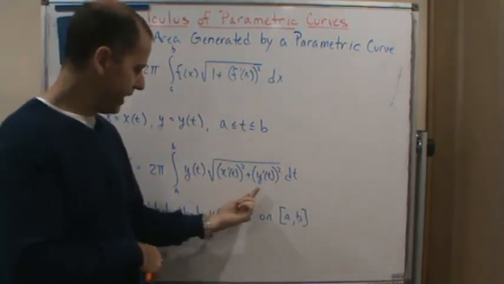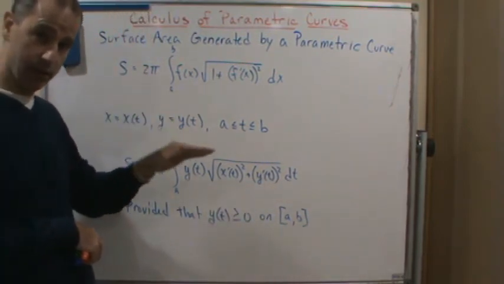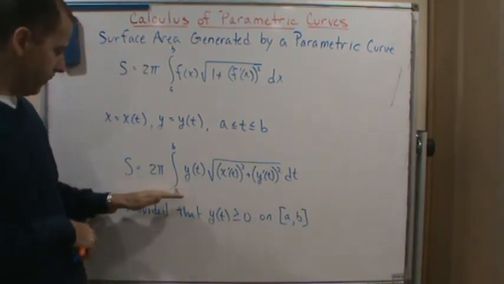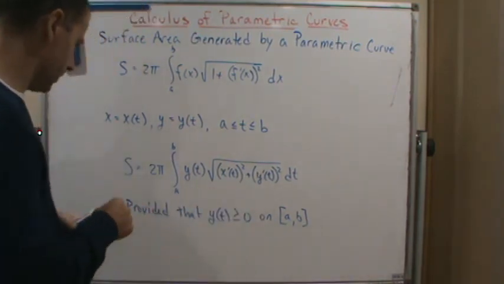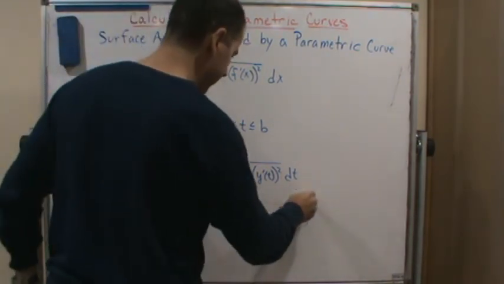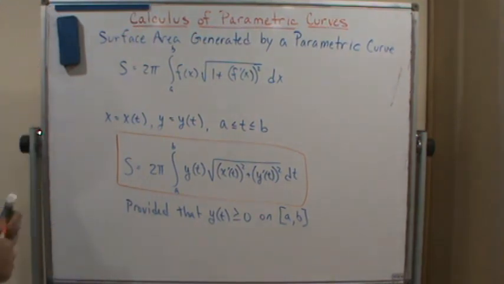And then, of course, this is our formula for the arc length of the curve when we're dealing with parametric equations. So this is what we're going to use to find the area of the surface generated by a parametric curve when it's rotated around the x-axis.